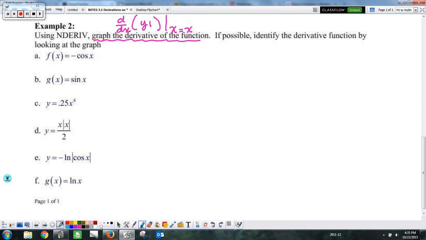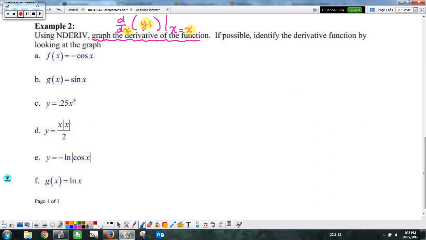So you're going to want to fill in x, your y1 and x, and graph the derivative, think about all the things I talked about in class, and see if you can guess and check and figure out what you think the derivative is.